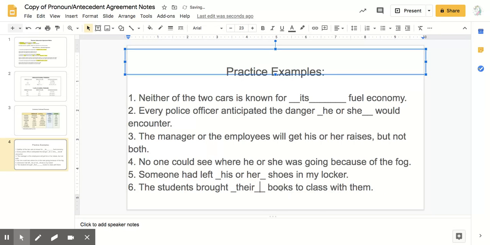So this is my pronoun. This is the antecedent that the pronoun renames. Okay? Same here. These are my pronouns. This is my antecedent that the pronoun renames. These are my pronouns.